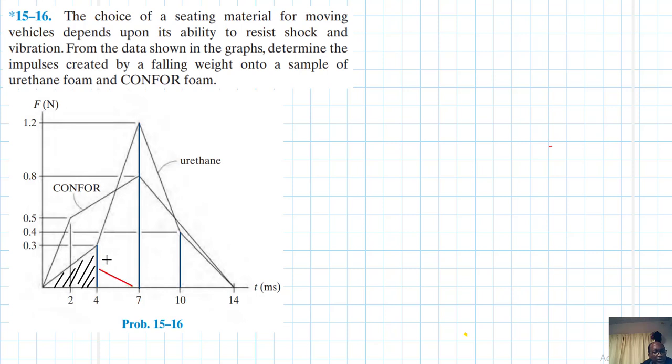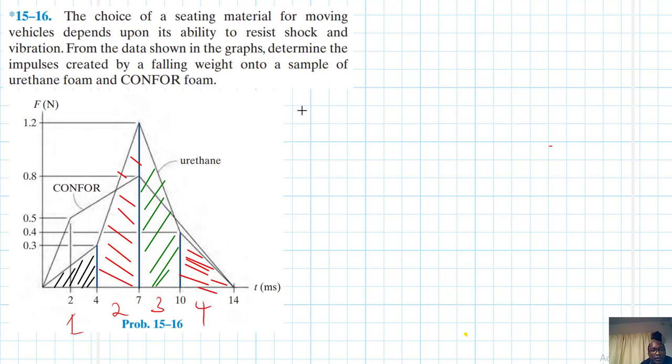We have four areas, so we have 1, 2, 3, 4. So let's work it out.